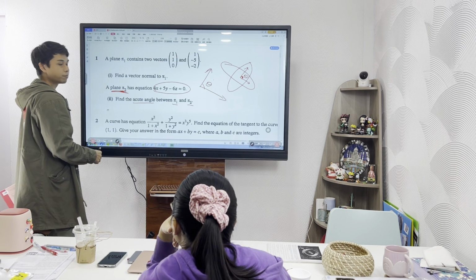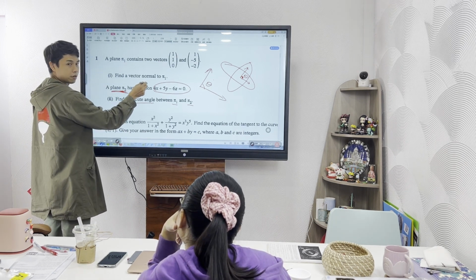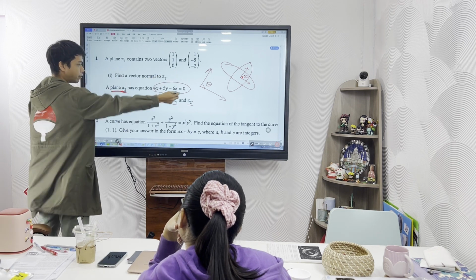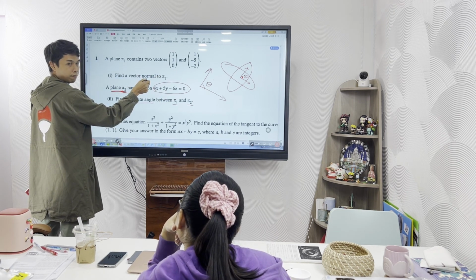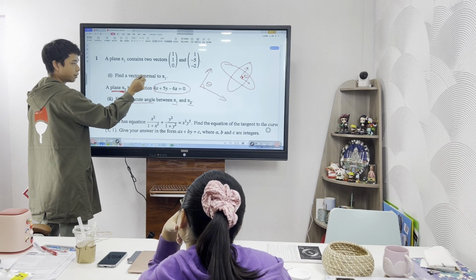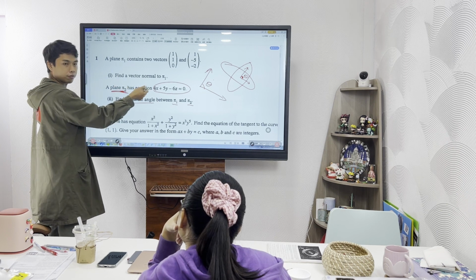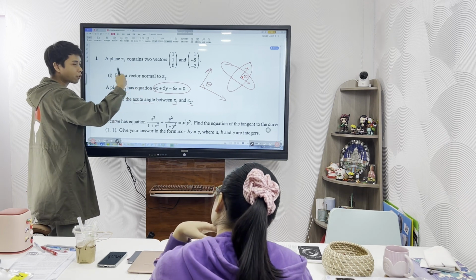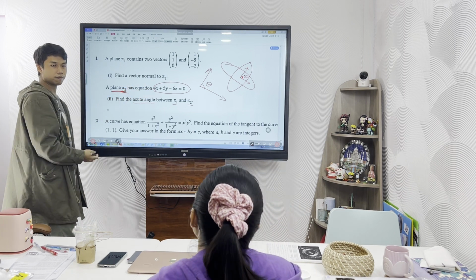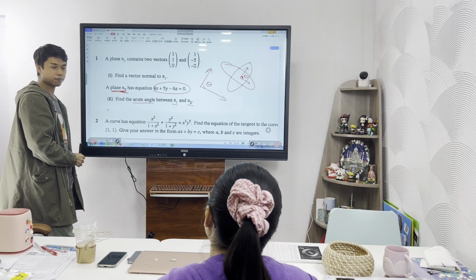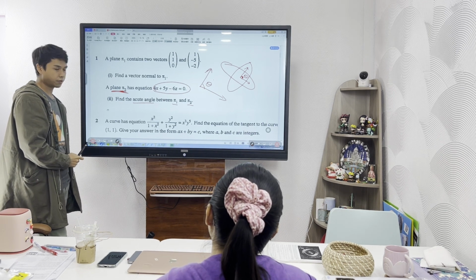The perpendicular vector, which is a normal vector, is like that, right? Regardless where it is, it's always a multiple of this one. Any two vectors inside the plane, if you do a cross product, will give you the normal, correct?